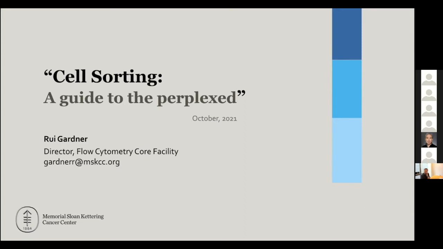So what I want to really do today is talk a little bit about best practices and concepts about cell sorting that I think are really useful. One of the ideas initially was to talk about the future of cell sorting, but there are so many things to talk about in the present of cell sorting and what's going on.